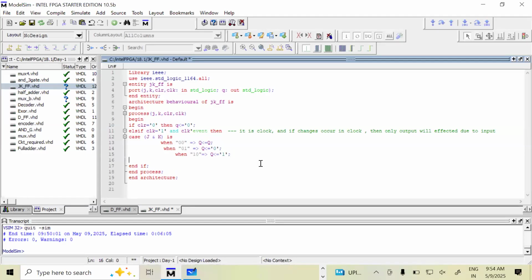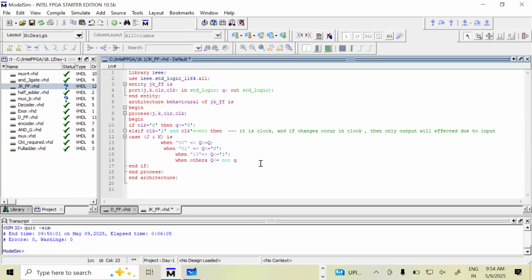Now see here, the three statements you have taken. When others, Q is less than equal to not Q.